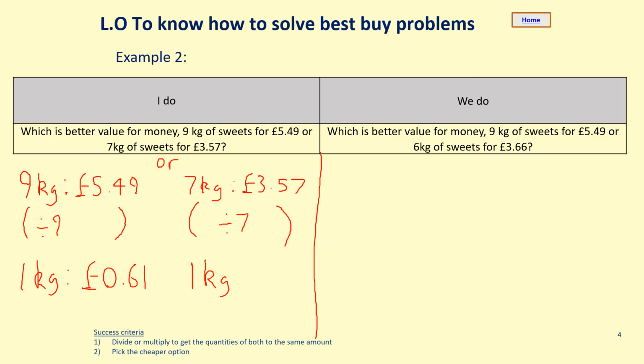And 3.57 divided by 7 is going to be £0.51. And then you compare these two, which one's cheaper, and you should notice that the second deal is cheaper because that's only 51p per kilo of sweets versus 61p. Okay, pause the video there, copy that one down, and then work through the redo for me as well, please.